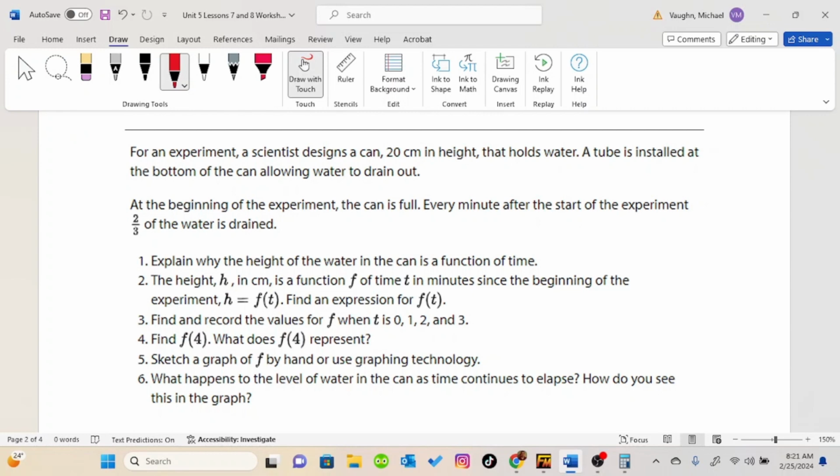So the height of the water is a function of time because for every measure of time there's only one measure of height.